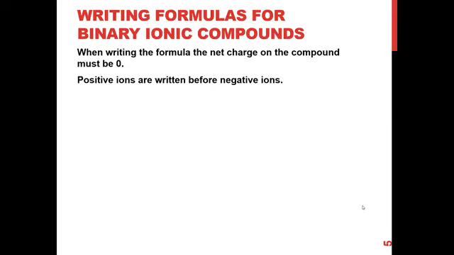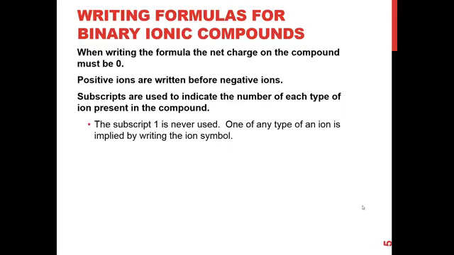The second thing to recall or to know is that positive ions are always written before negative ions. When we are writing formulas, we use subscripts to indicate the number of each type of ion present in the compound. The subscript 1, however, is never used. One of any type of ion is simply indicated by the presence of that ion symbol in the formula.